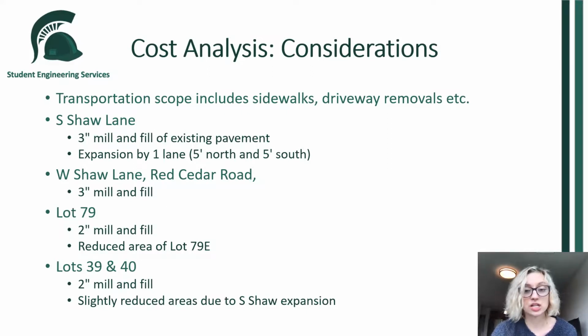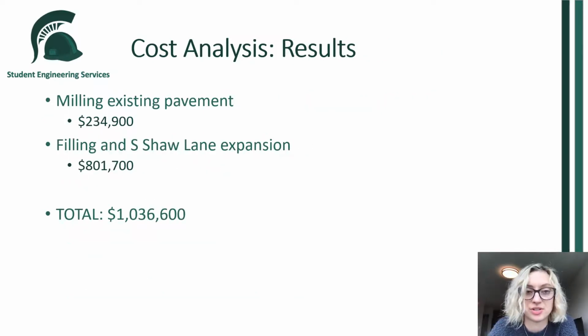So 3 inches of milling and filling on all of the roads, and then 2 inches of milling and filling on all of the lots. And then the only other significant cost that would have been considered would be the expansion of South Shaw Lane by 1 lane. This is just the results of the cost analysis. So the total cost of the paving that we're proposing is about $1 million.